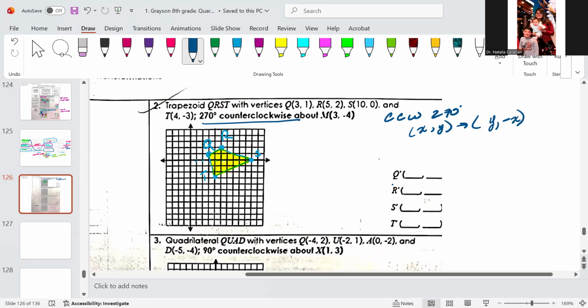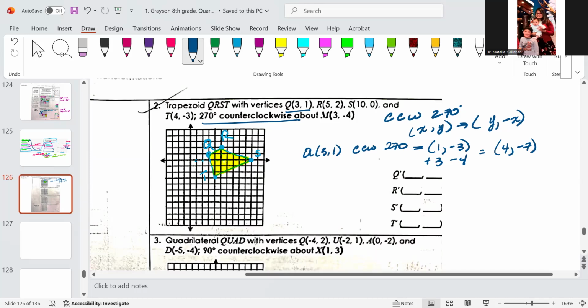Okay, so then for Q from 3, 1, so your Q is 3, 1, correct? If it's counterclockwise 270, you will get 1, negative 3, correct? Yeah. But then you will have to add 3 and minus 4, which will give you 4, negative 7. Is that what you have?